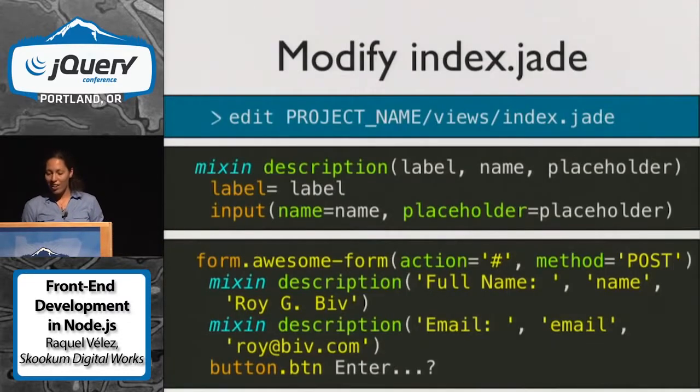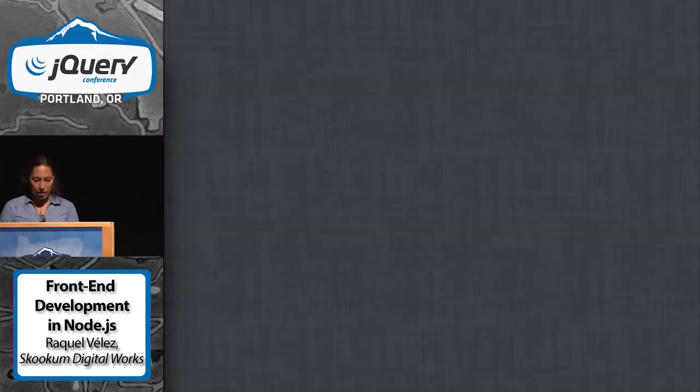Hopefully, okay. So now we're going to go in and modify index.jade to throw in a little bit of what we've just learned. I'm going to do some super light coding, like ridiculously super light coding. Okay. Let's see.